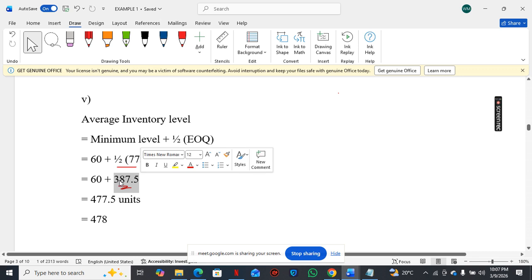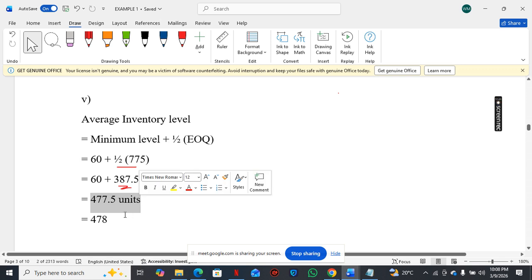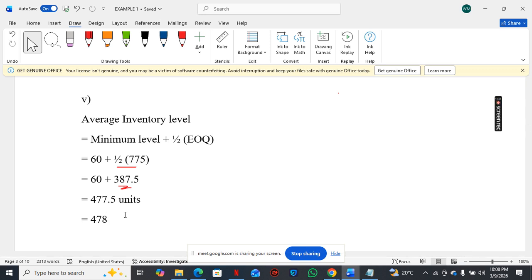So 60 plus 387.5 you get 477.5, which is the same as 478 units. That's your average inventory. The inventory you should have on an average day.